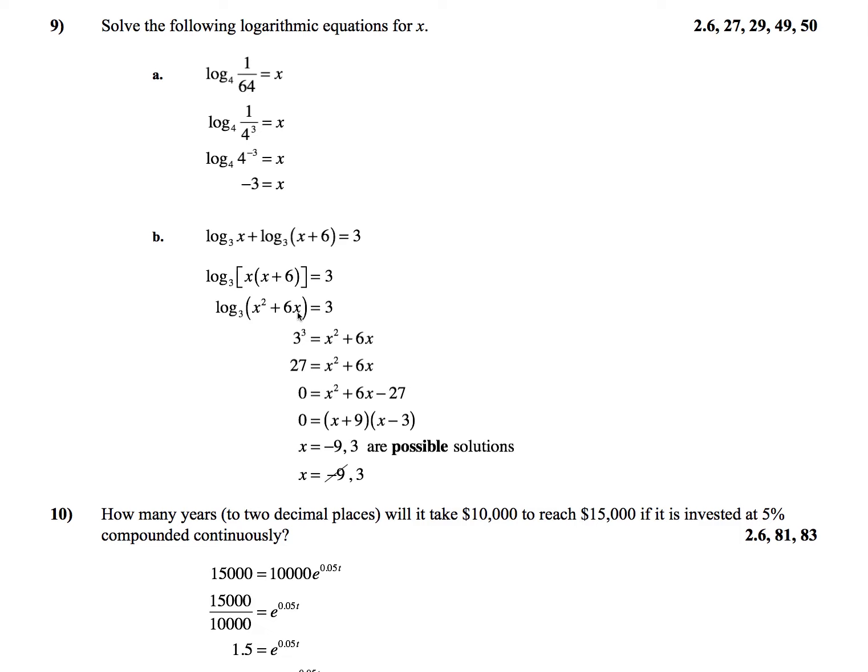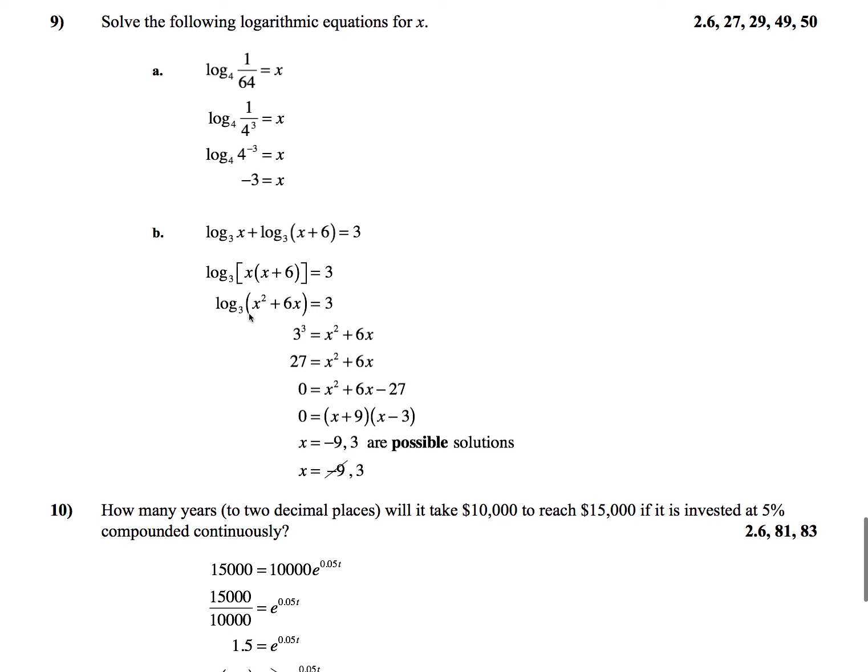Now we convert this to its exponential equivalent. To do that, we remember that this 3 here is a base. We sort of cross out the log, and we bring this 3 over to this side of the equation as the exponent of this base, and we bring this argument to the other side of the equation.